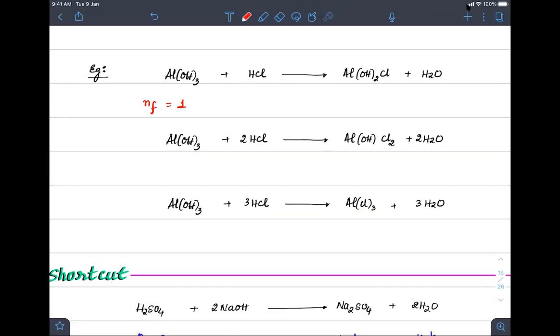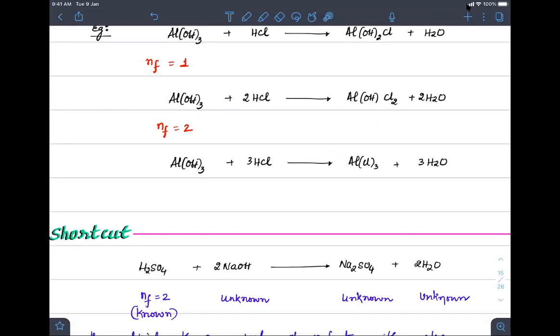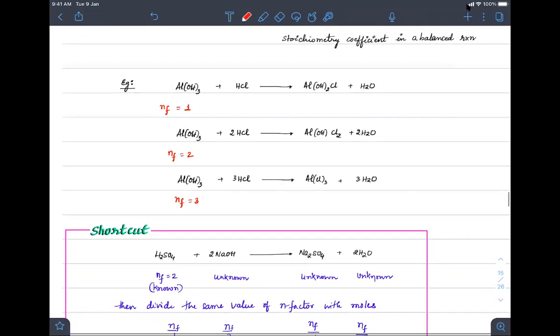Same way, if this is reacting with 2 moles of HCl and it is losing 2 OH, and 2 OH are replaced by chlorine, in such a case the N factor or the valency factor is 2. If all the OH are lost, then the valency factor for Al(OH)3 is 3 in this case. So that's how we would find the valency factor in case of bases.